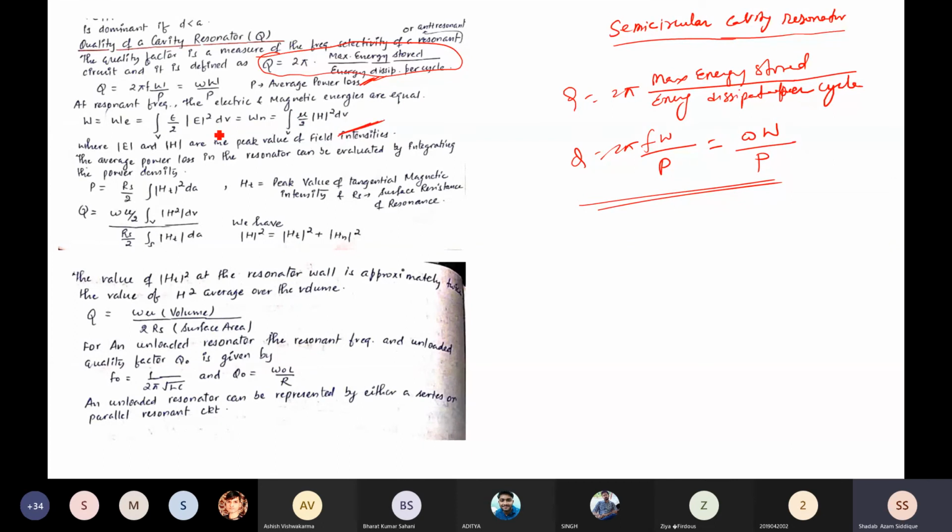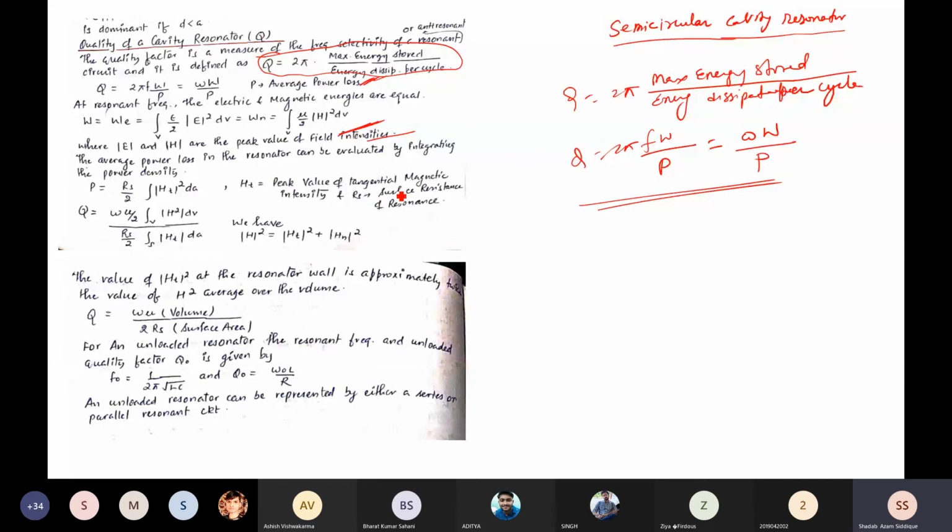The average power loss in the resonator can be evaluated by integrating the power density. So P can be written as R squared by 2 into the integral of HT square dA, where HT is the peak value of tangential magnetic intensity, and R is the surface resistance of the resonator. So the quality factor comes out to be this equation.